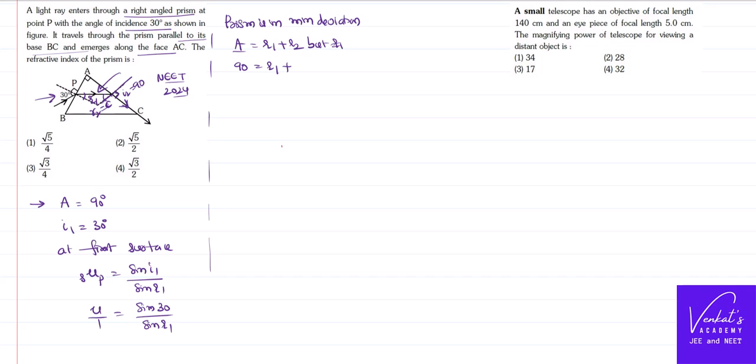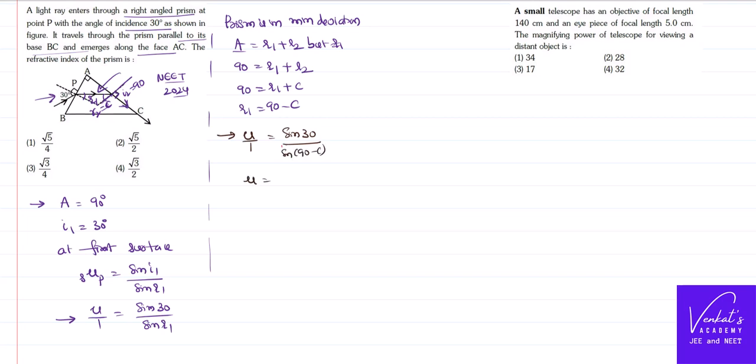So A equals R1 plus R2, but R2 is the critical angle C. So R1 is 90 minus C. Once you say R1 is 90 minus C, you can rewrite this equation now as mu by 1 equal to sin 30 by sin of 90 minus C.